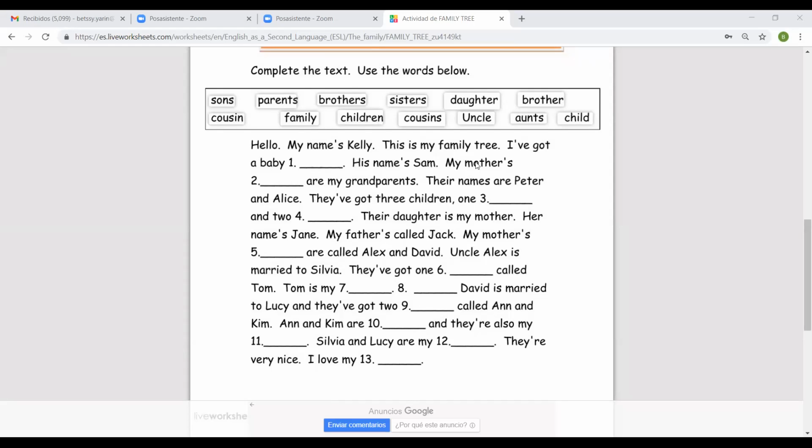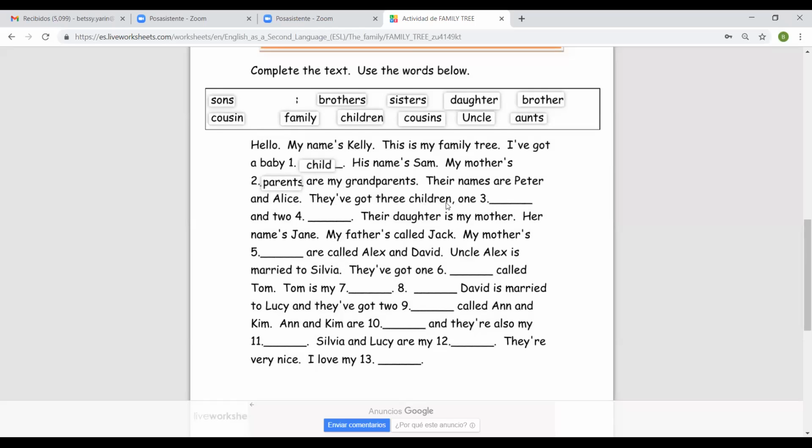Child. Okay, his name's Sam. My mother's parents are my grandparents. Their names are Peter and Alex.